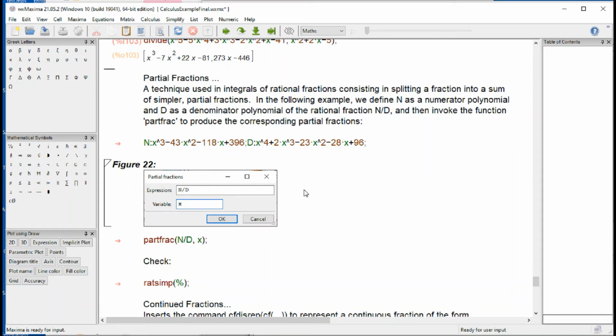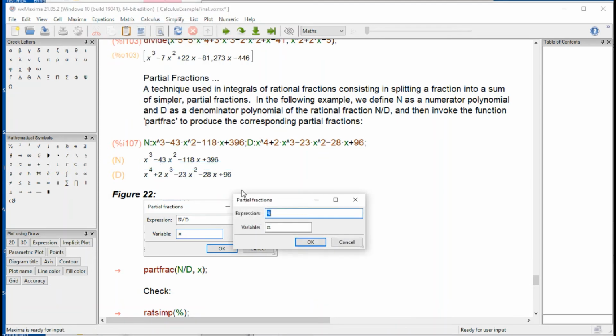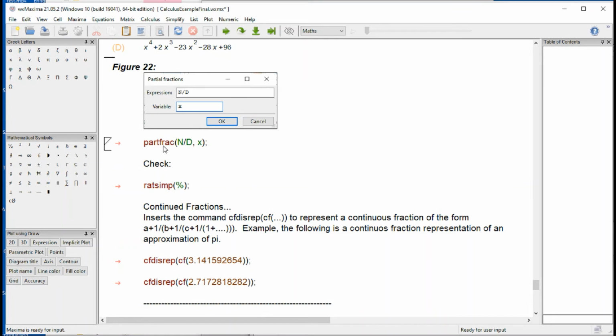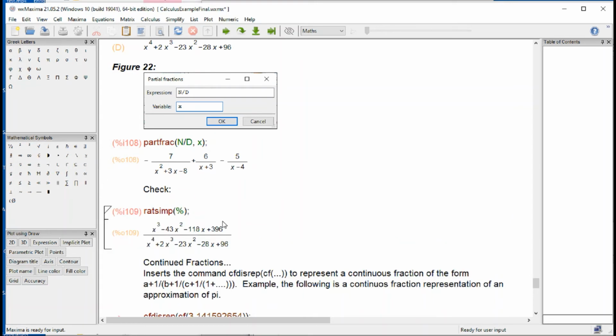And what I did here, I created a numerator polynomial and a denominator polynomial, and then I went for calculus, partial fractions, and said for n over d, with variable x being the reference, you get this command partfrac n over d, and it gave me those partial fractions. Checking by using the rat simplification of the latest result, you do get that numerator and that denominator as I had over here.